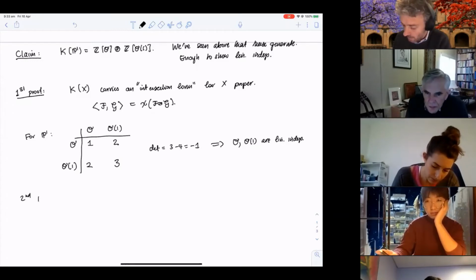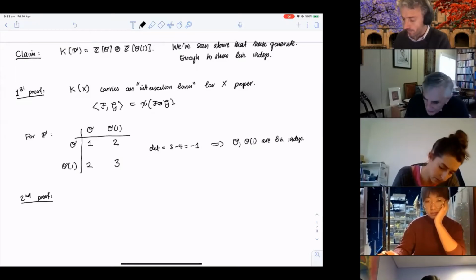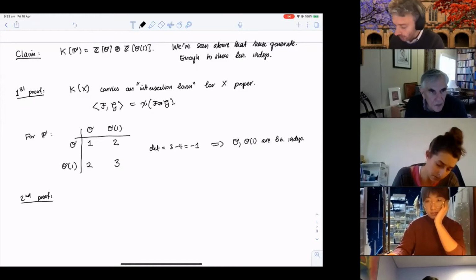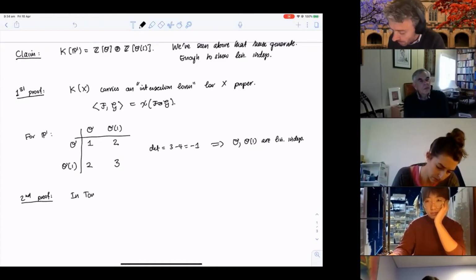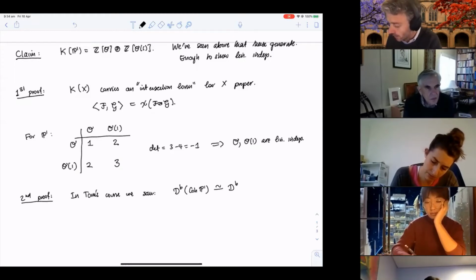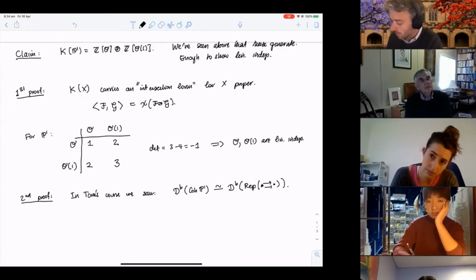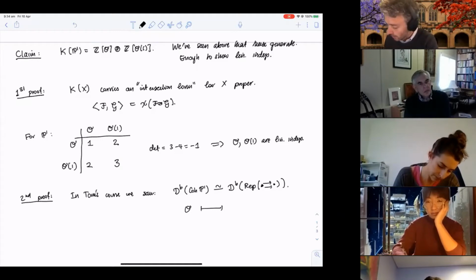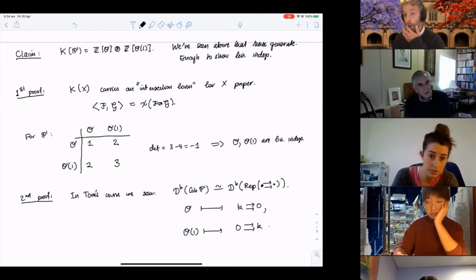Second proof: in Tom's course, we saw that the derived category of coherent sheaves on P1 is equivalent to the derived category of representations, and moreover O goes to the representation which is K0, and O of 1 goes to 0.